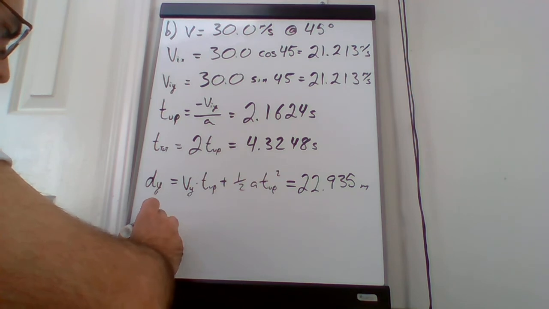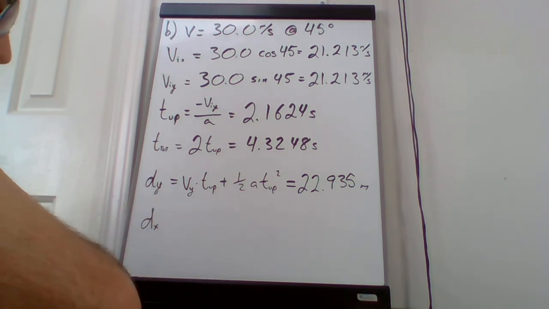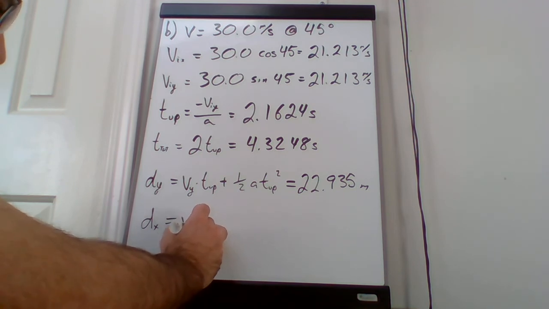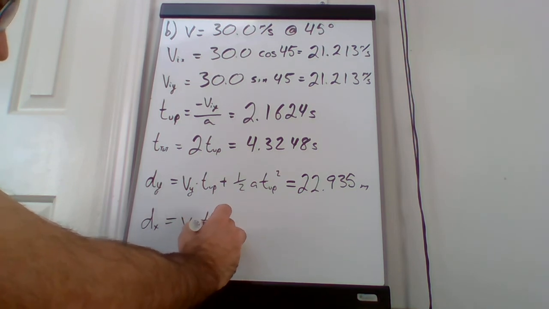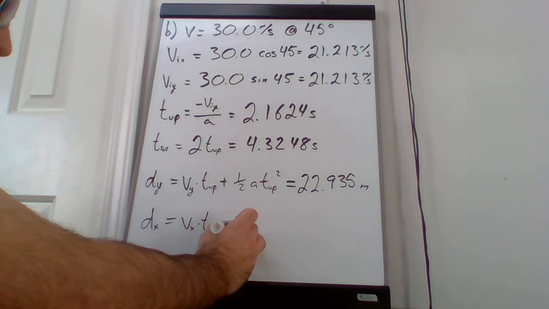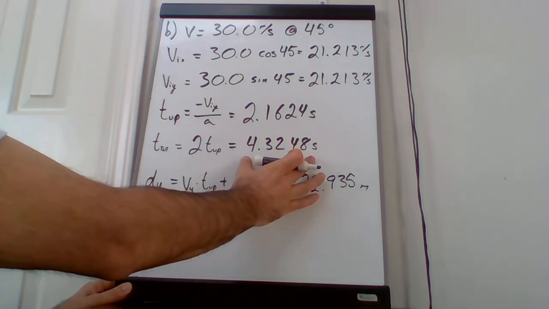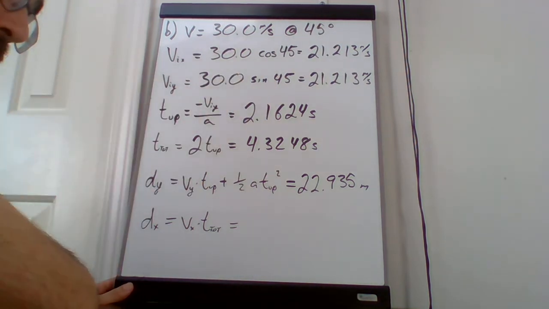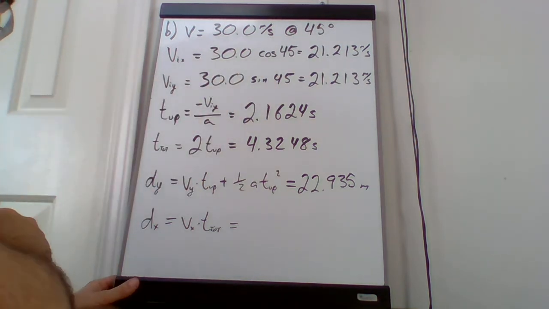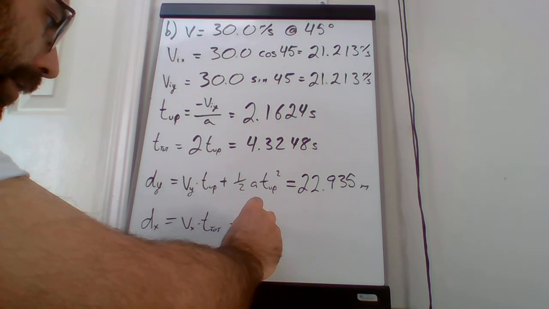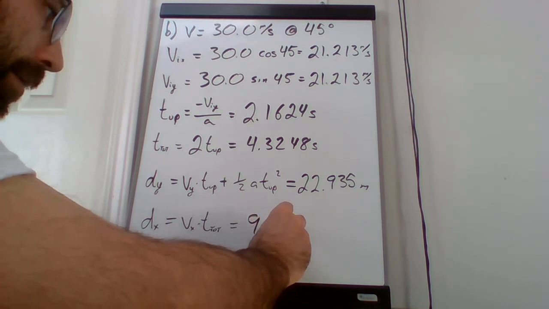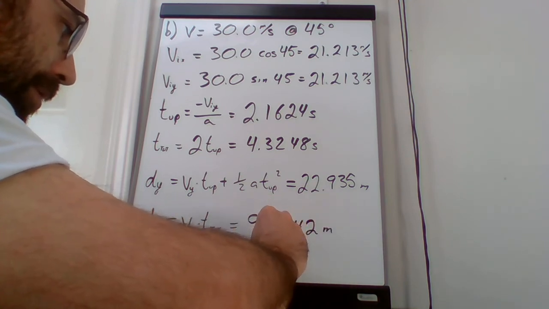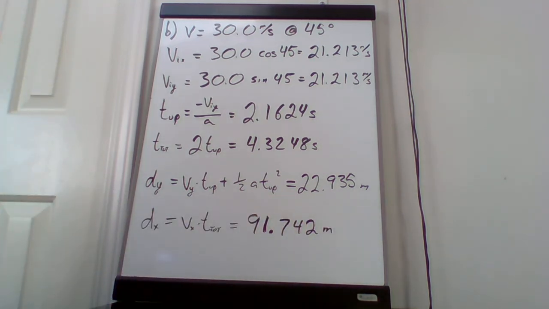When I look at the range, or the x displacement, I just have that initial x velocity multiplied by the total time. So my 4.3248 seconds times the 21.213 meters per second, and I end up with 91.742 meters for my range.